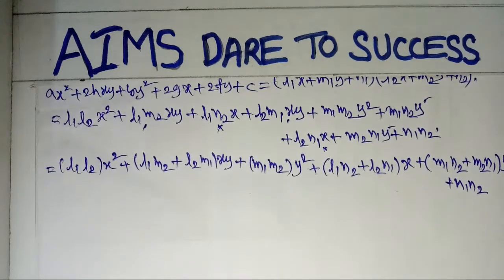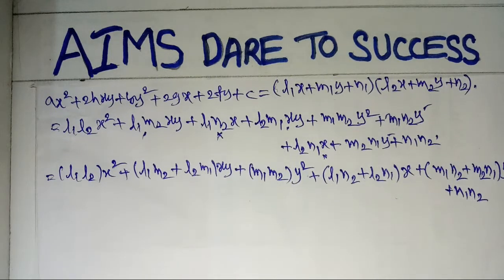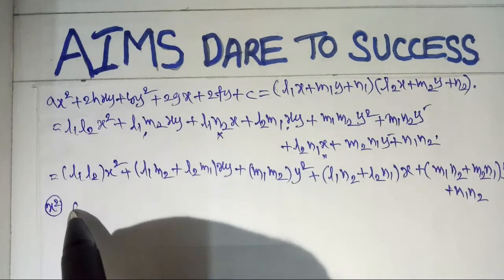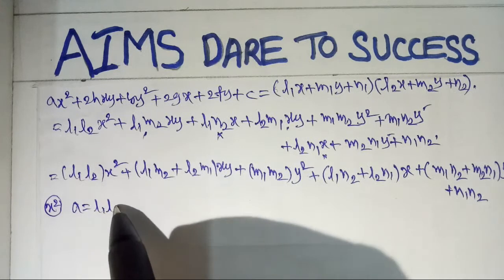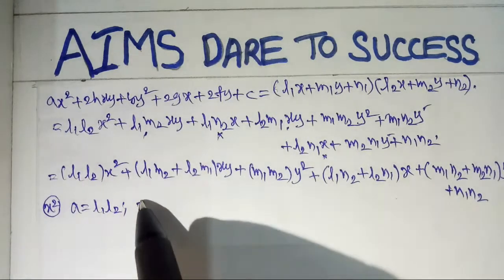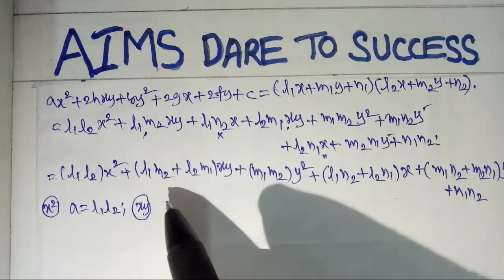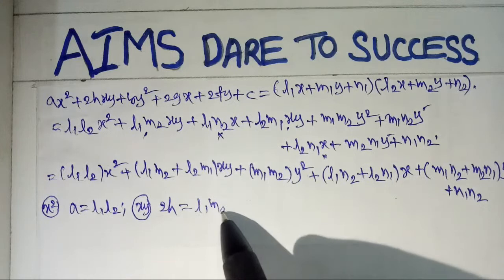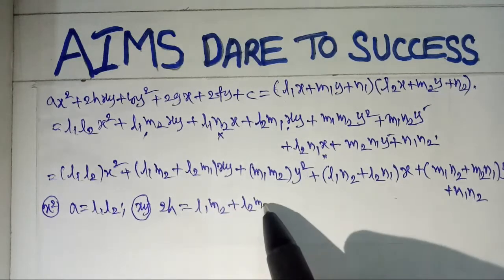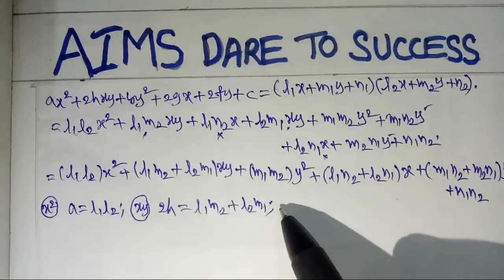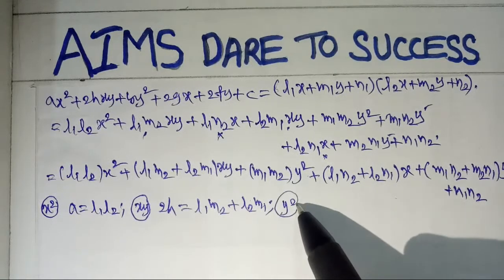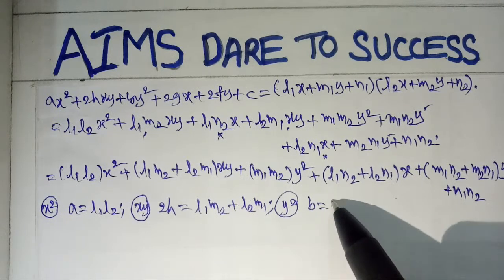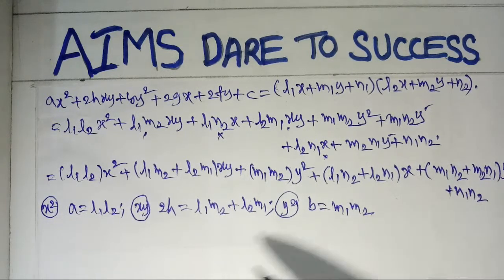Okay, my dear students, comparing x² terms on both sides, we get a = L1L2. Next, comparing xy terms, we get 2h = L1m2 + L2m1. Next, comparing y² coefficients, we get b = m1m2.